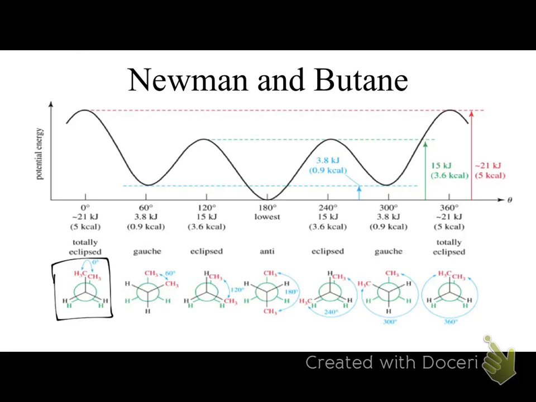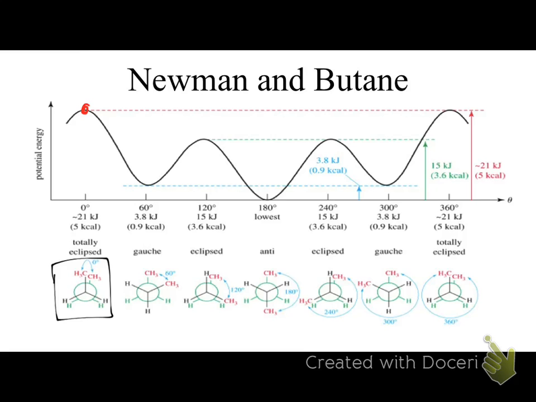The methyl groups being the largest groups, that's going to put us at the highest energy. We're already at a high energy because it's eclipsed, but then we've overlapped our largest groups. So if we were going to try and draw out a rough energy diagram, we could say we're going to put that structure or that energy representation at the highest point.